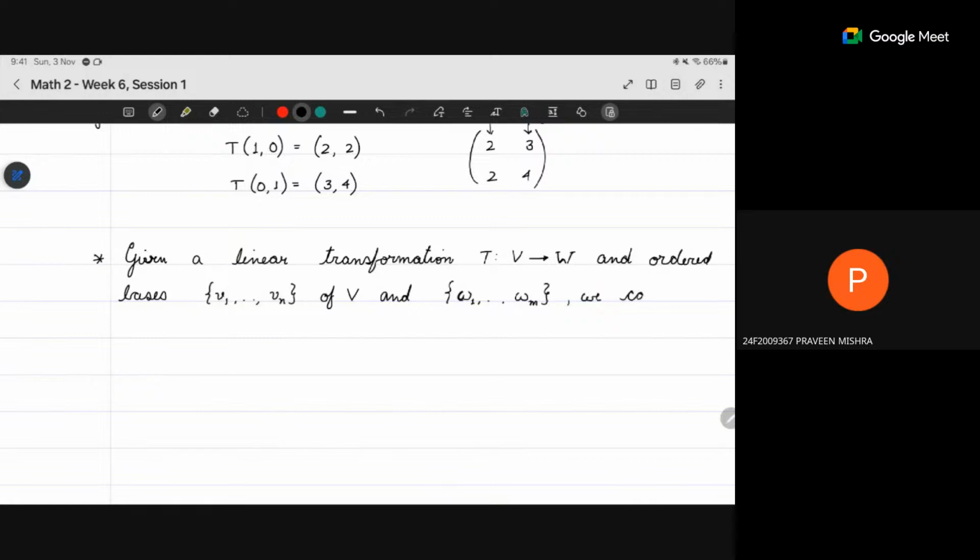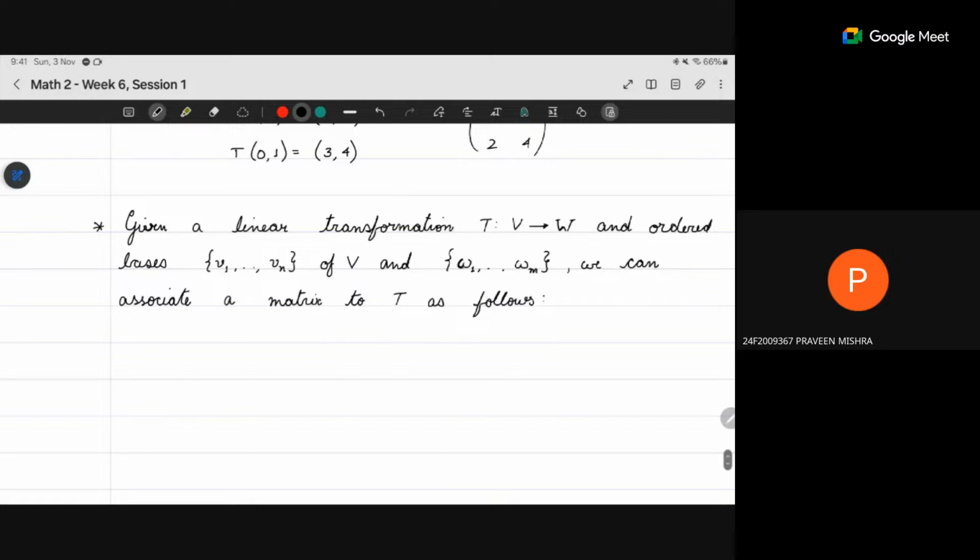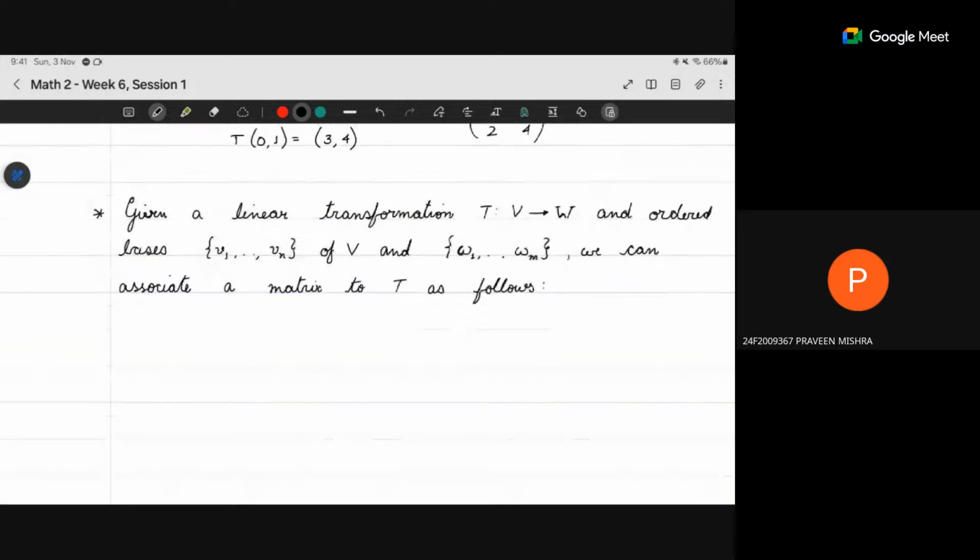We can associate a matrix to T as follows. So the steps to construct the matrix will be, you look at T of V1.